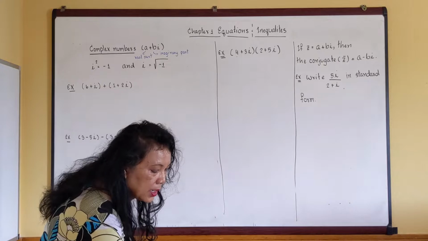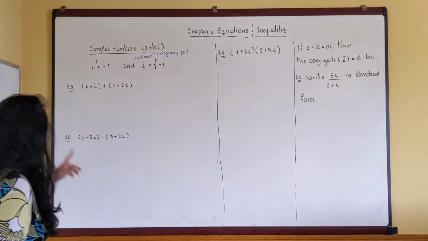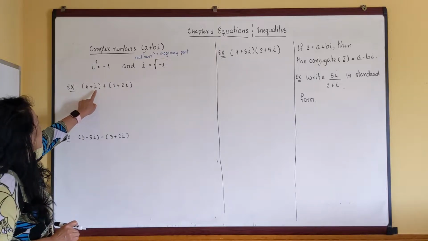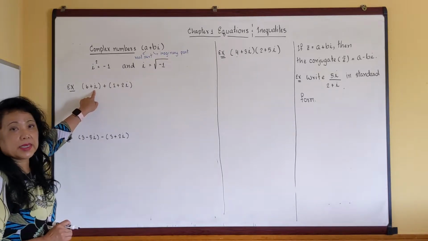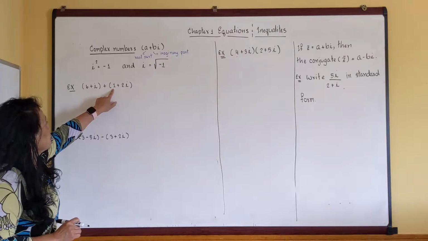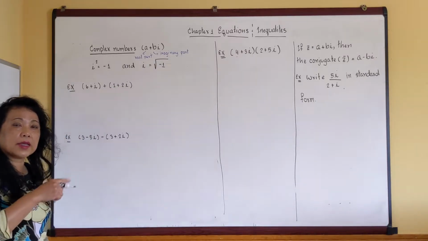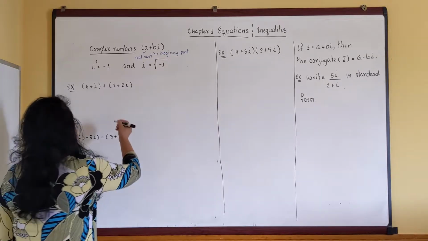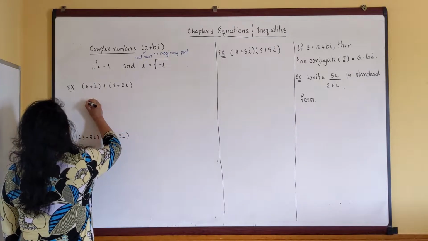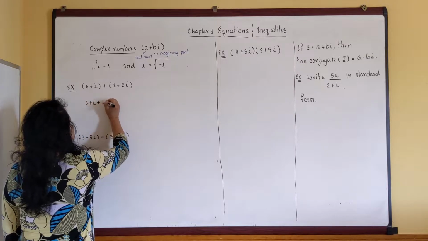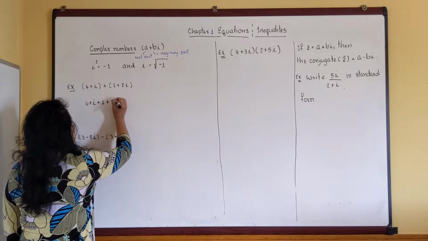So let's look at our example. I have this 6 plus i, this is my a, and this is my bi. So my b here is 1. This is my a, and my b is 2 here. So let's add like we normally add numbers. 6 plus i plus 1 plus 2i.